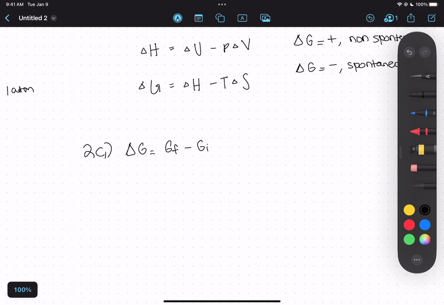Instead of looking at G beta minus G alpha like they have there, this would be a better way of thinking, final and initial. Because not every reaction will fully go to completion. You won't go from 100% alpha to 100% beta. You might have a mix of both in your final state.